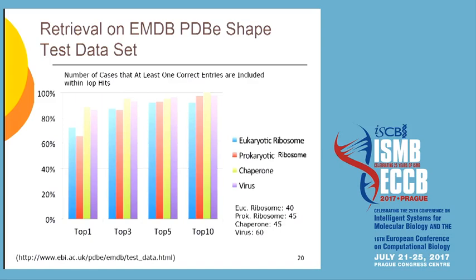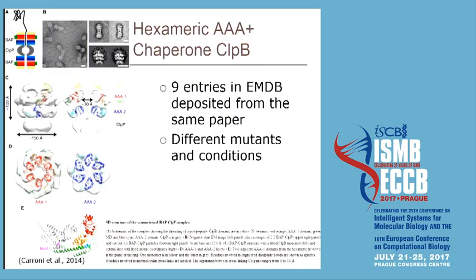Since this data set is relatively small, we want to expand this benchmark data set, but this needs a little bit of manual curation that takes us some time. This example shows how structure similarity is quantified for related EM maps.